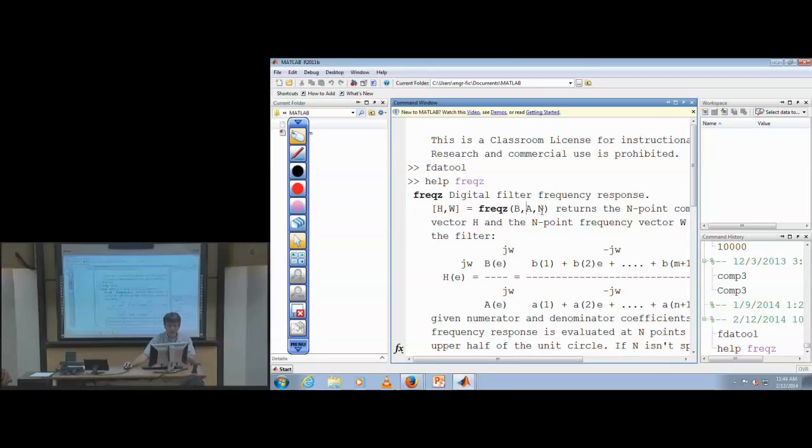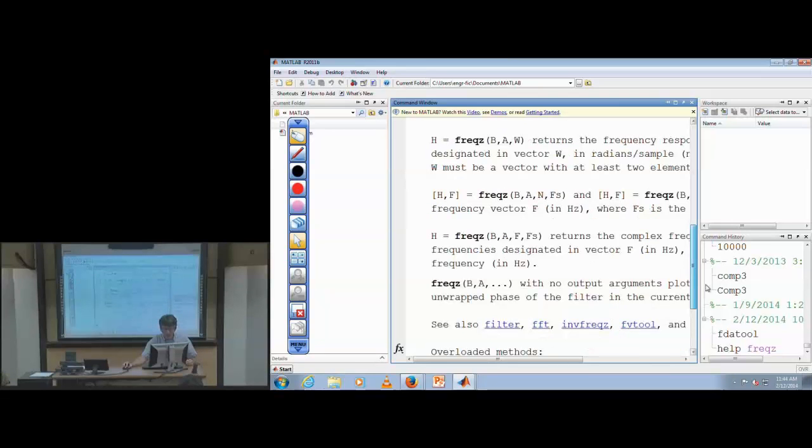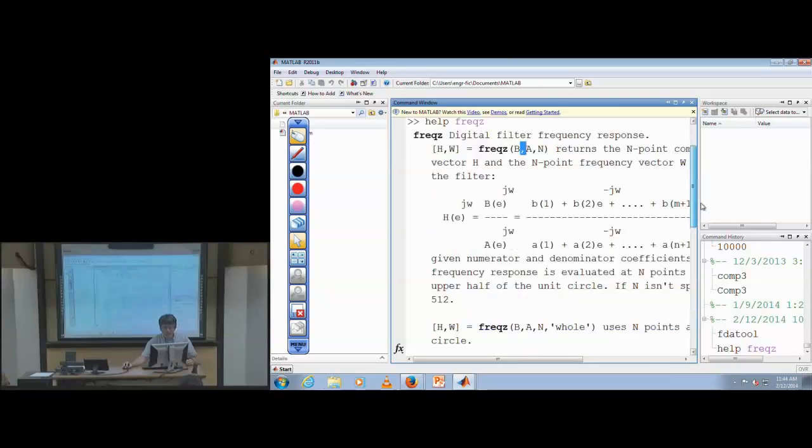If you need the second argument, you just put a 1 in there for an FIR filter, and it works fine. N is the number of points you want to use for sampling the magnitude and phase response for the plot. So if you need to increase N, then you would put 1 in for A and then make it a larger N. I forgot what N defaults to. It's pretty big.